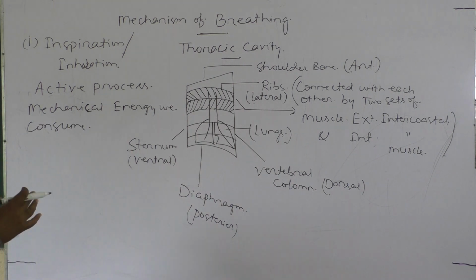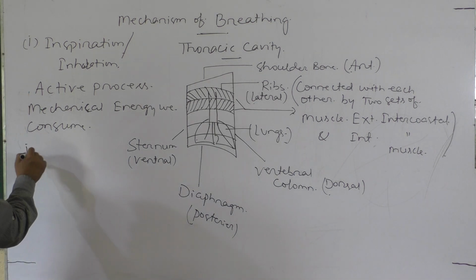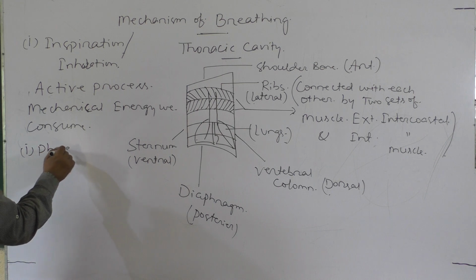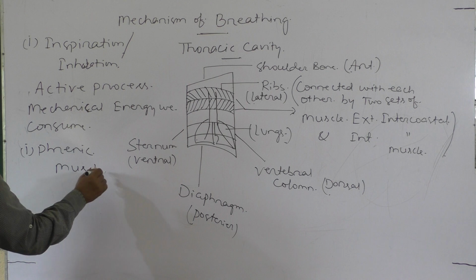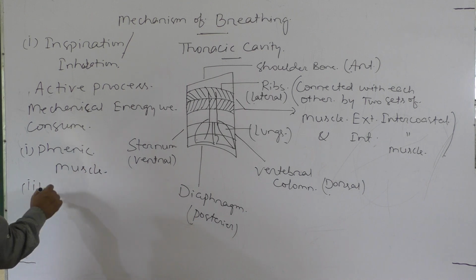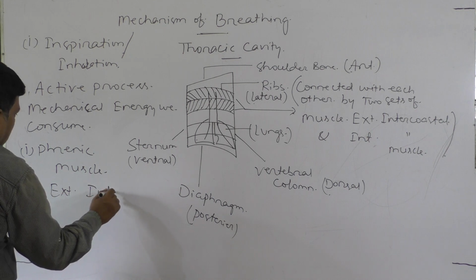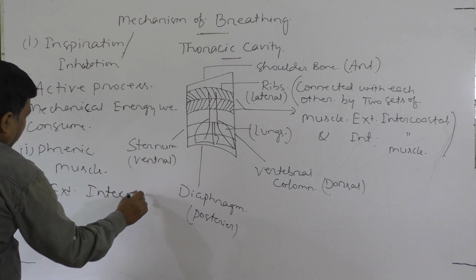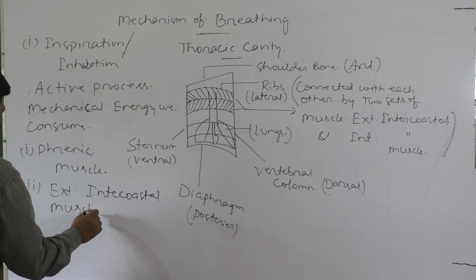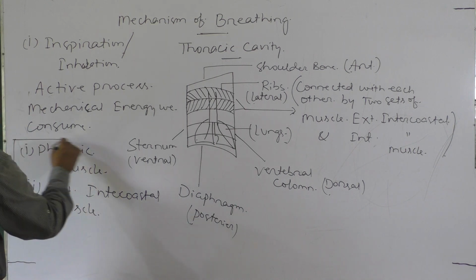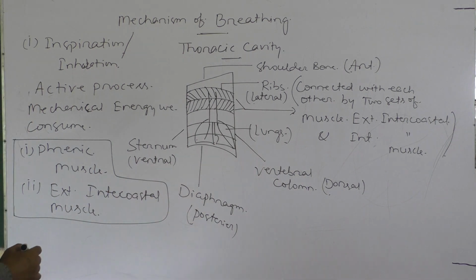So, two sets of muscle. One is your phrenic muscle. And another external intercostal muscle. These two muscles are required for the process of inspiration.